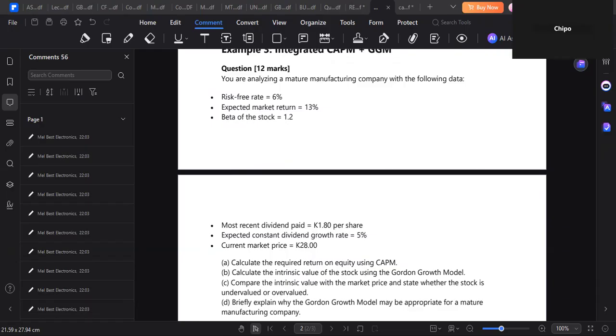So for the risk-free, we're going to have 6% plus the beta of 1.2. It's not a percent, it's just 1.2 as it is. Since we've already been given directly the expected market return, which is 13% minus 6%.